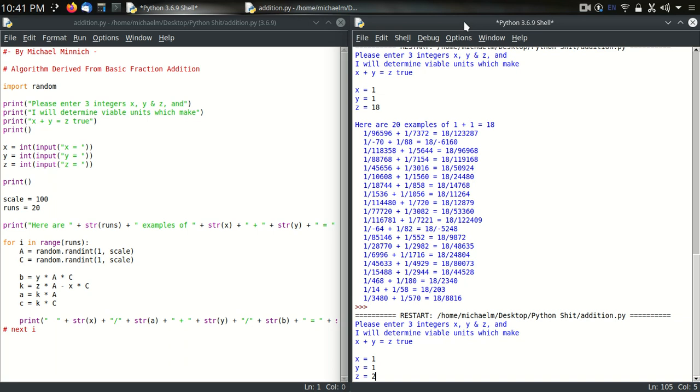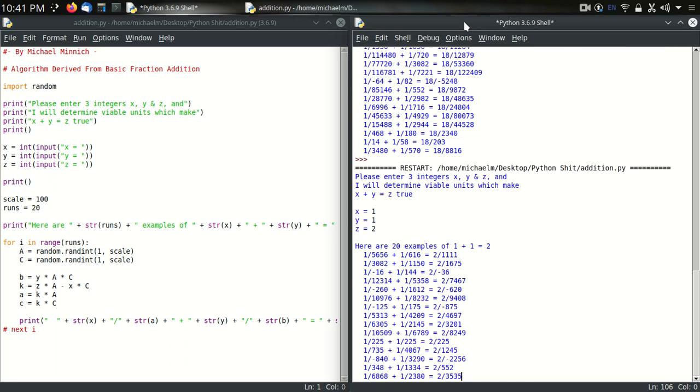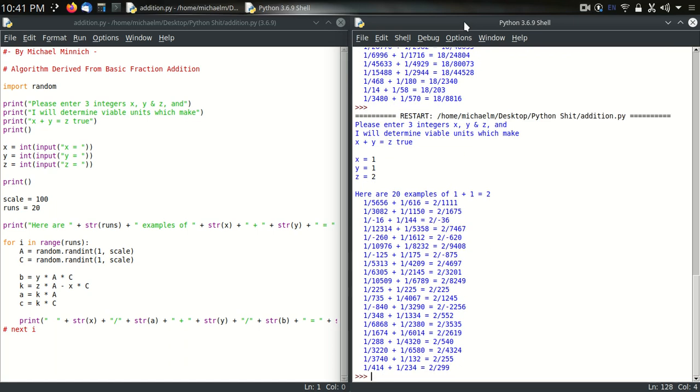And none of them are going to be what you're familiar with. Not a single one of them. All of these are ways of getting 1 plus 1 to be 2. And none of them have I ever seen before, or you have ever seen before, most likely. And it's not what you would anticipate. But it is just as viable as any other demonstration that 1 plus 1 is 2.